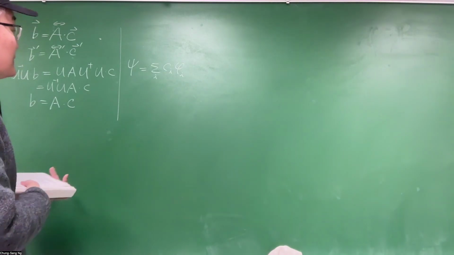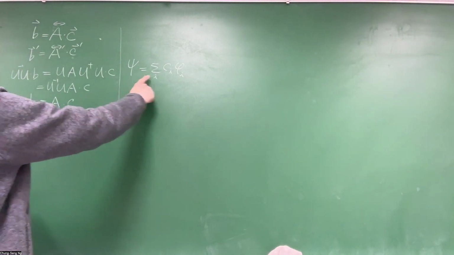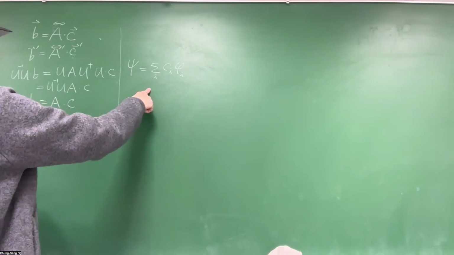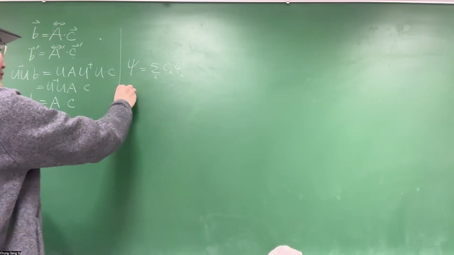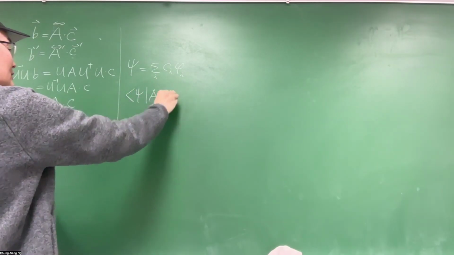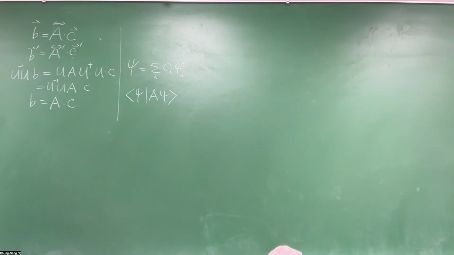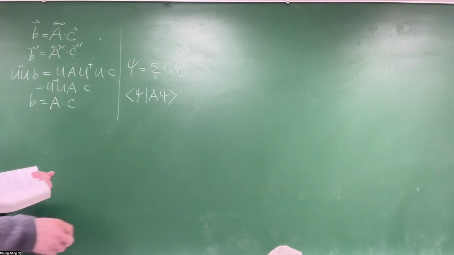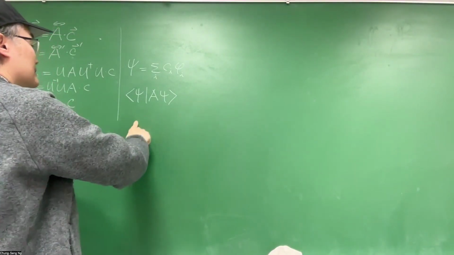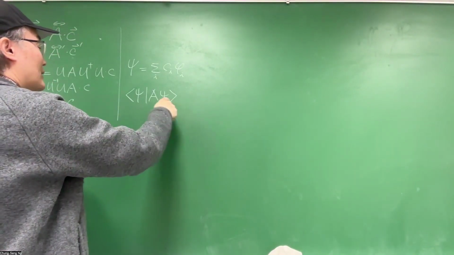And now this state you can operate on, right? You can sandwich it. You get what we call the expectation value, right?